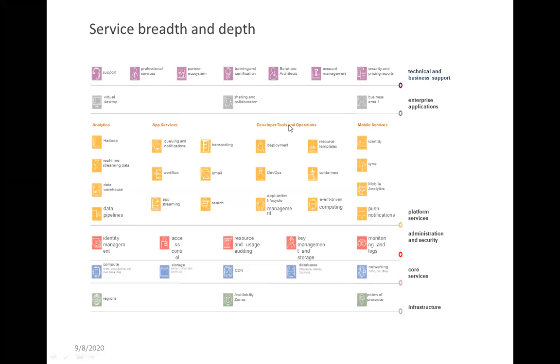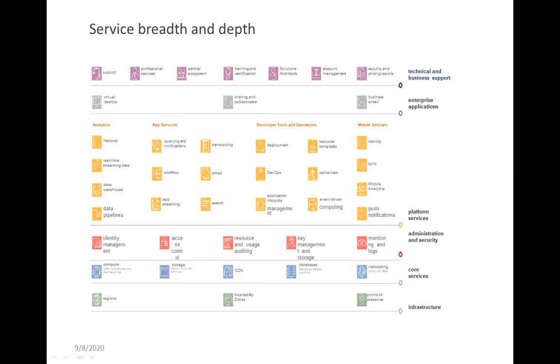Developer tools and operation services include deployment, containers, resource templates, application lifecycle management, and event-driven computing. Moving towards the mobile services, we have identity, mobile analytics, push notification, syncing facility, and such kinds of mobile services. All these services, from analytics to mobile services, are part of the platform services.